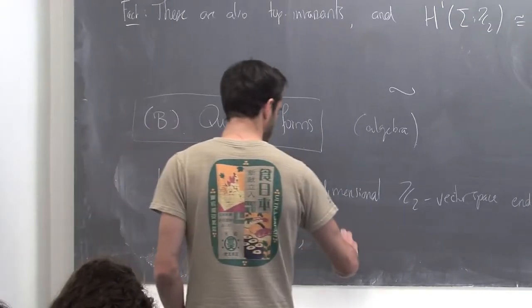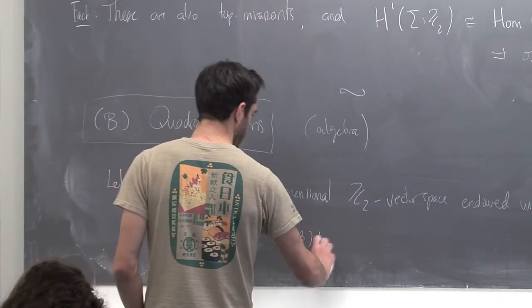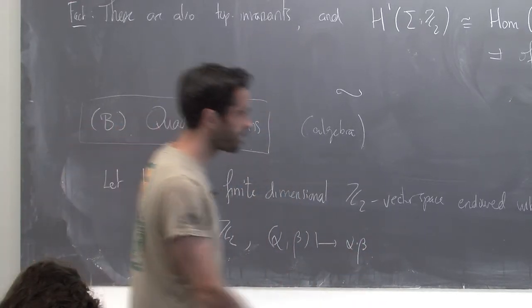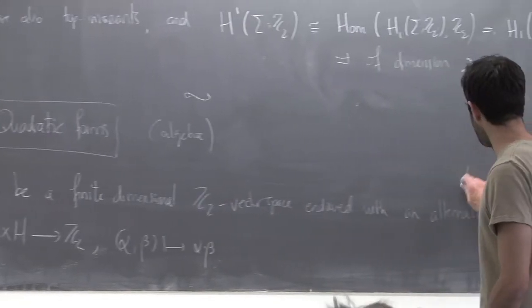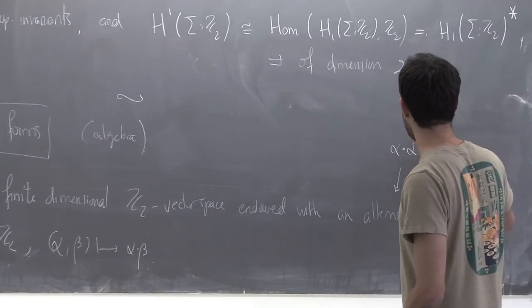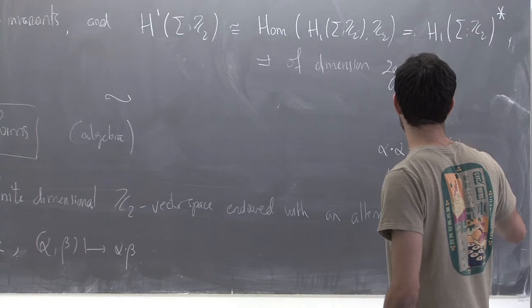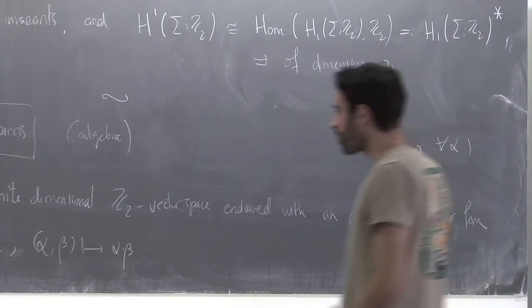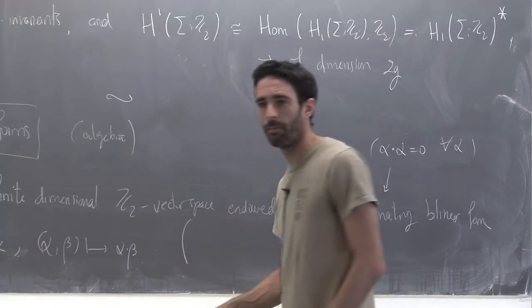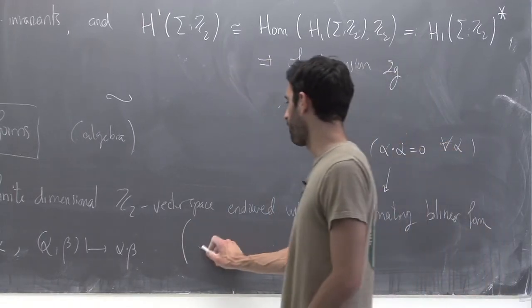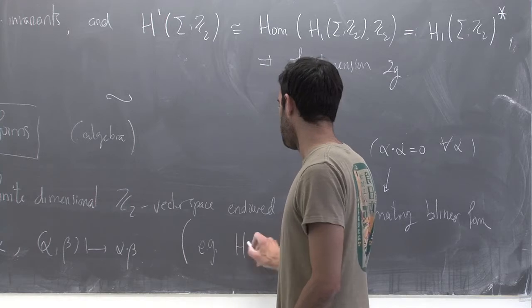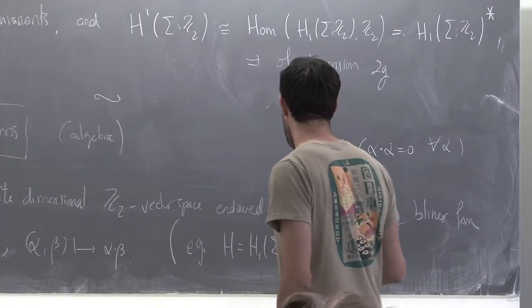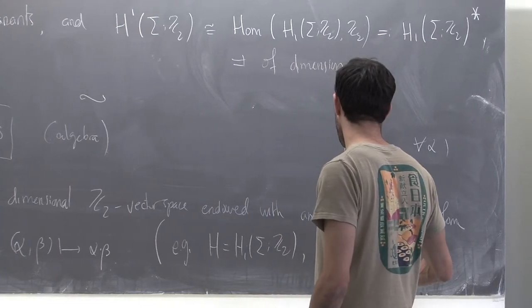And alternating, if you don't know, this means that alpha with itself is 0 for any alpha. And of course, the case that we should keep in mind, so for example, you take H, the homology of the surface, and the dot, the intersection form.